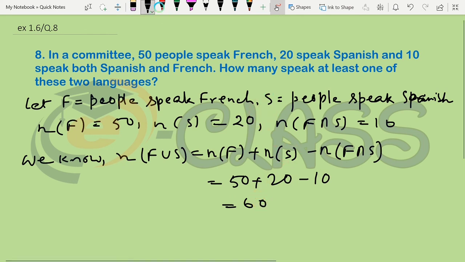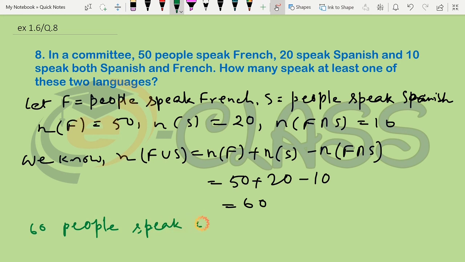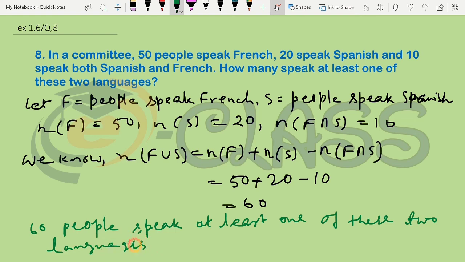So 60 people speak at least one of these two languages.